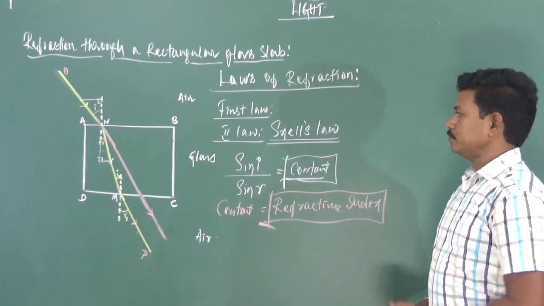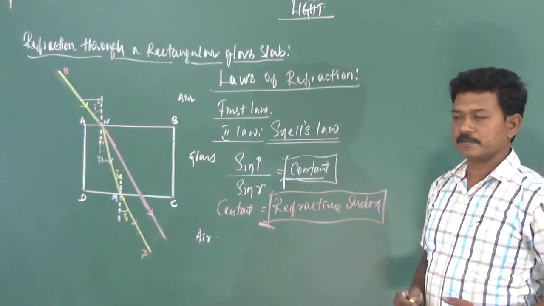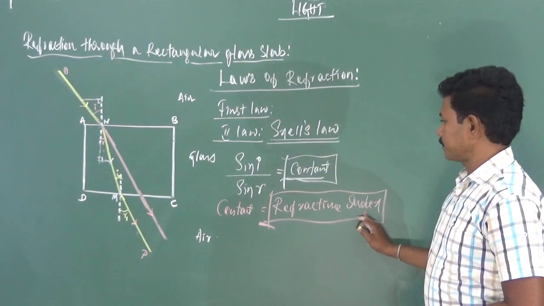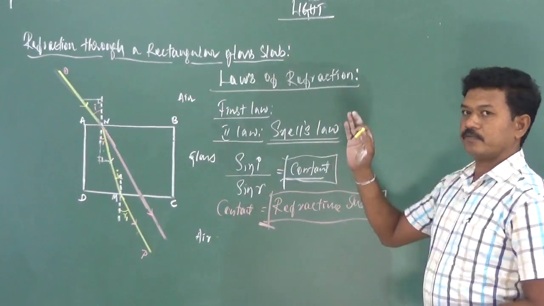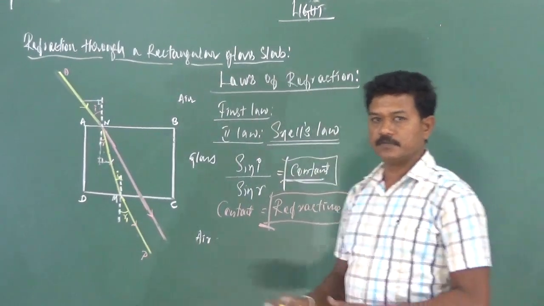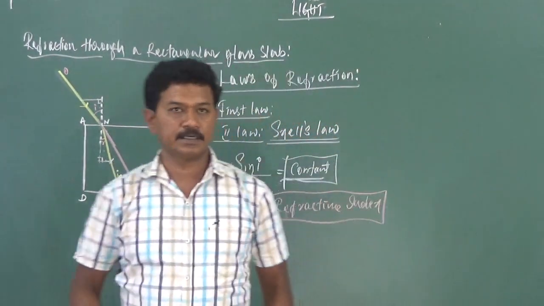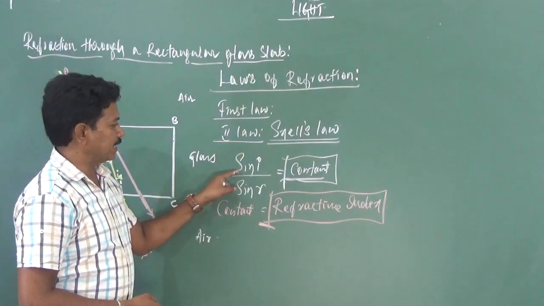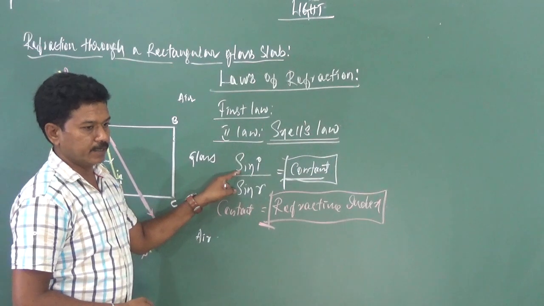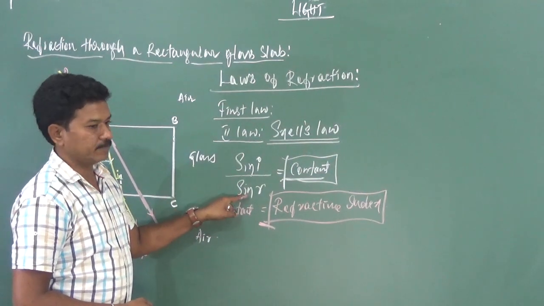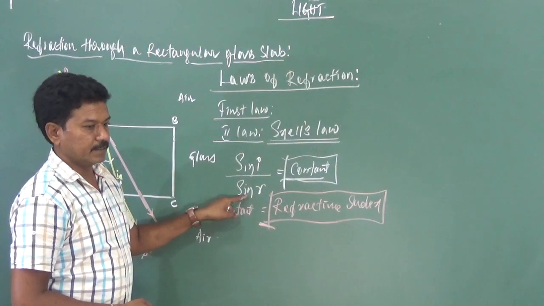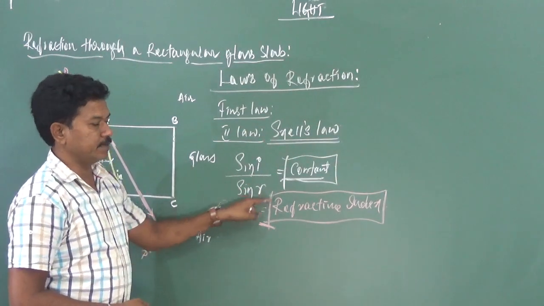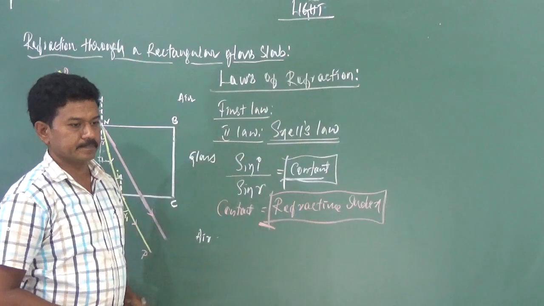Now, what is this refractive index? Here, refractive index is for a medium. We compare the speed of light in the first medium and the speed of light in the second medium, and the refractive index is of the second medium with respect to the first medium.